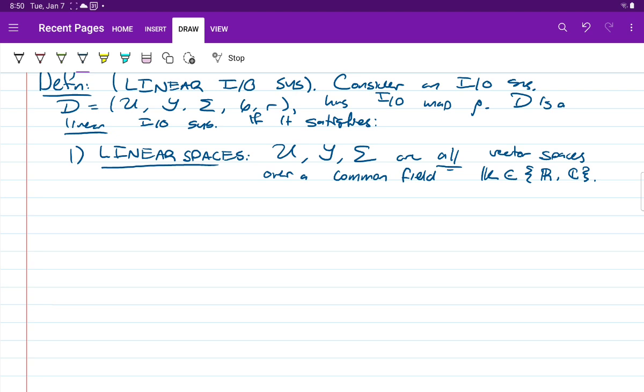Now that we've enforced our structure on our space, we could talk about structures on maps, all right? So secondly, what I'm going to enforce is that the I/O map is linear. Linear I/O map.